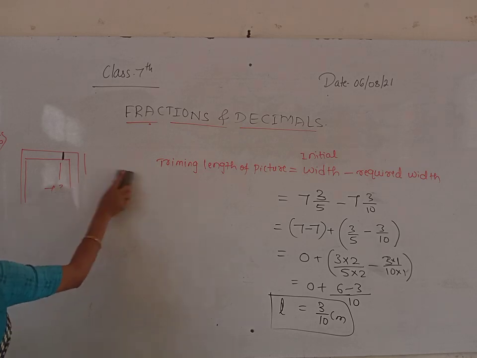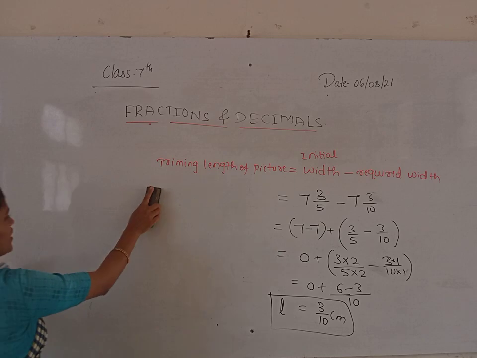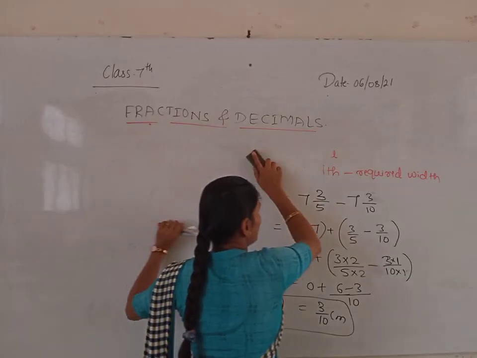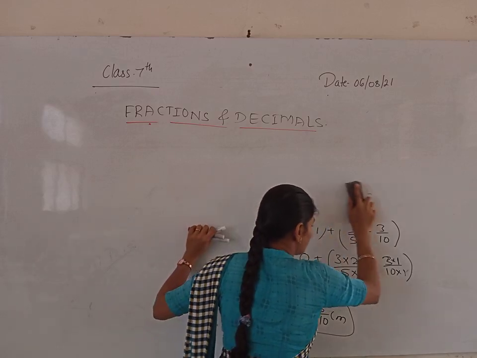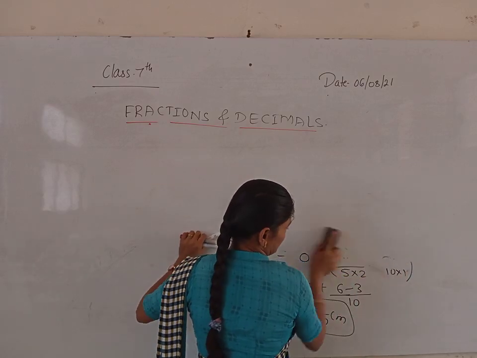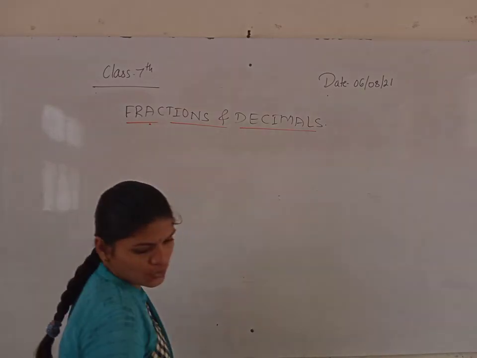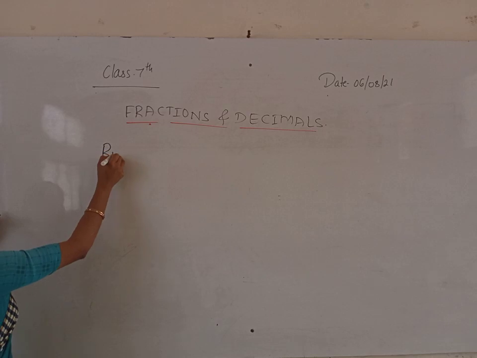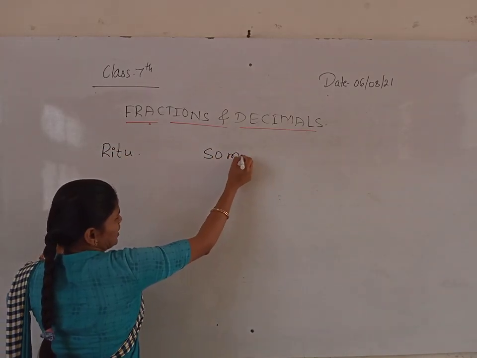Just you should know how to cut the apple. Yes, what are you asking? Is cutting the apple difficult for us? No, so easy. Then eating the apple is also so easy. Okay. Now here there are 2 siblings. One is Ritu and his brother Somu.